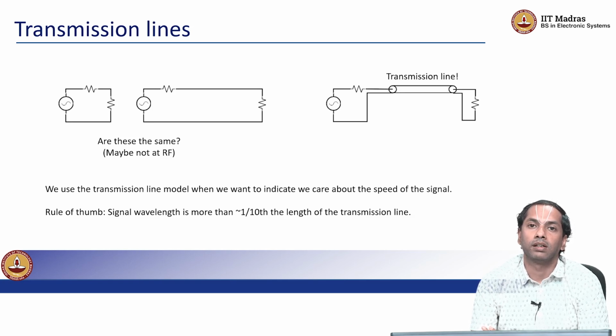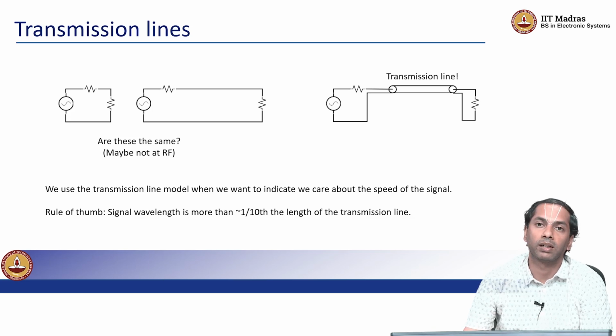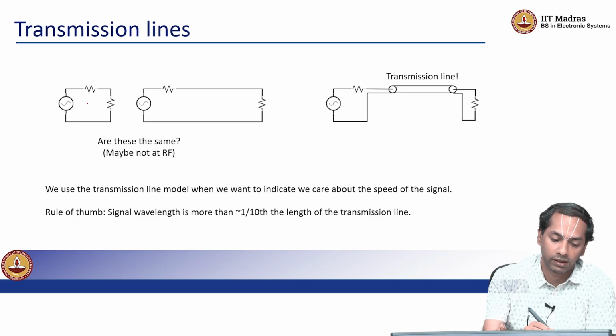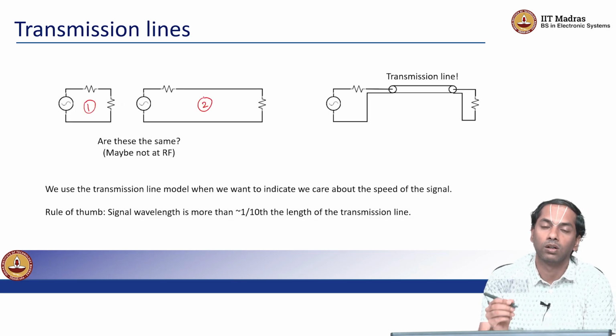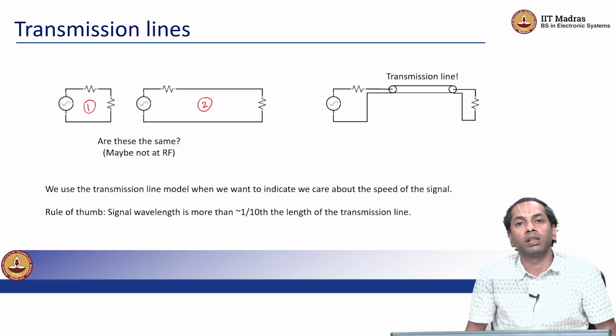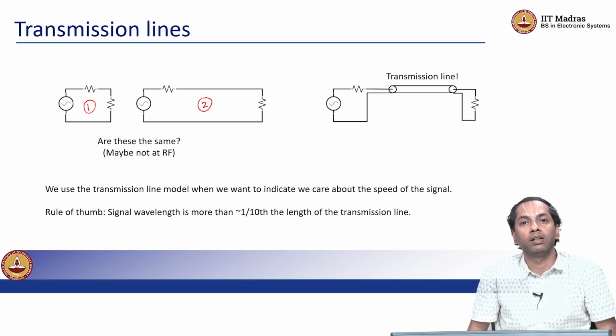Okay. In the circuit theory that you've been taught so far, there was perhaps no emphasis laid on the physical size of the circuit, right. Be it the circuit shown in 1 or in 2, you may say that the ultimate dynamics and the currents and voltages I calculate is irrespective of how I draw it, right.